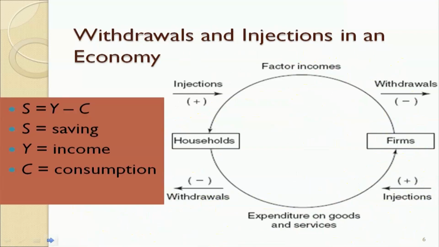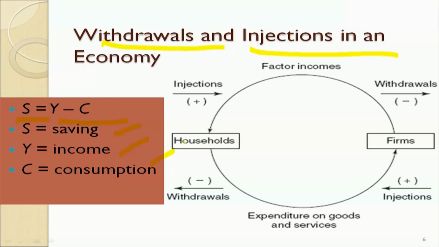In this two sector economy, we need to understand the concept called withdrawals and injections. Taking the first assumption, S is equal to Y minus C, which means savings is equal to income minus consumption. But what normally is our assumption?